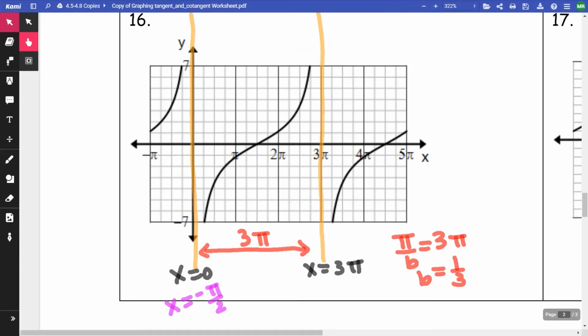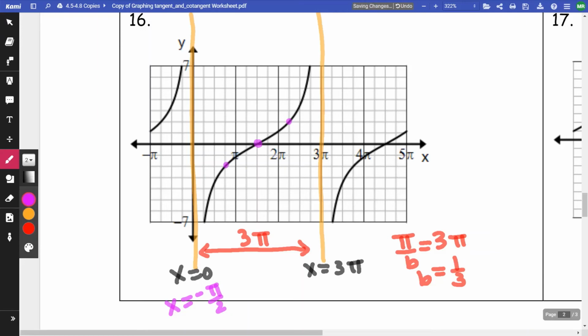That's where my center is. So let me just put a dot right there. And then if I go halfway in between that, which is right here, I have a point here. And then if I go halfway in between these, I have a point here.